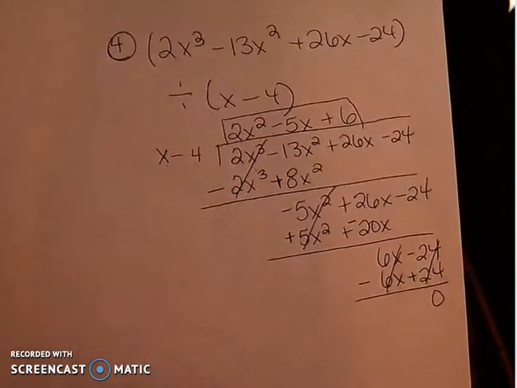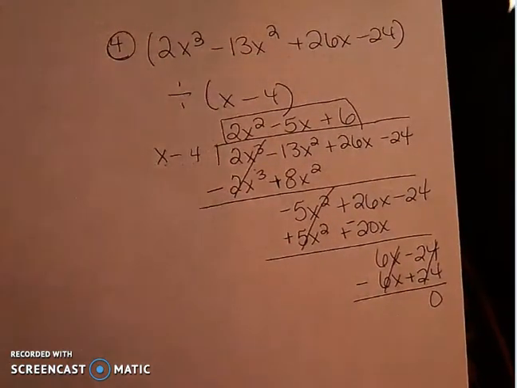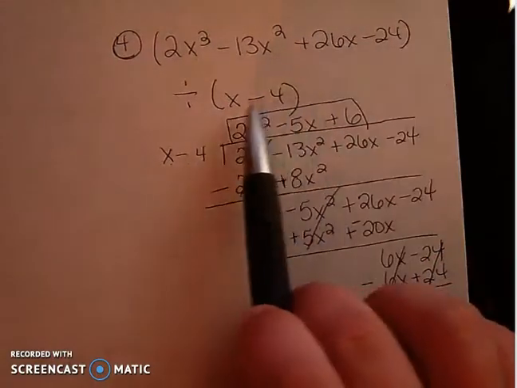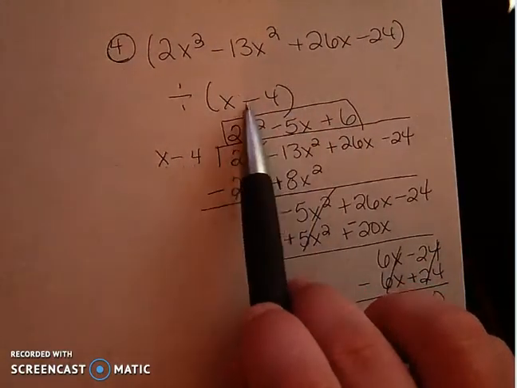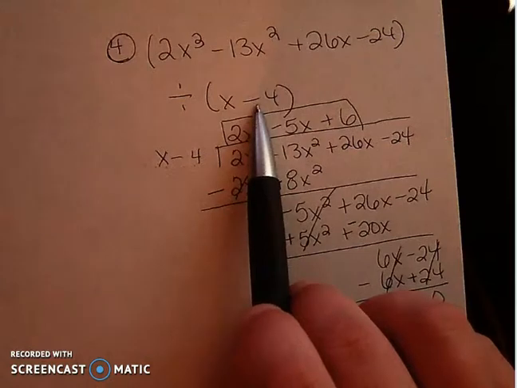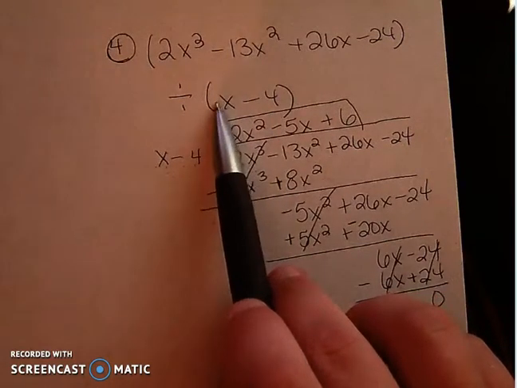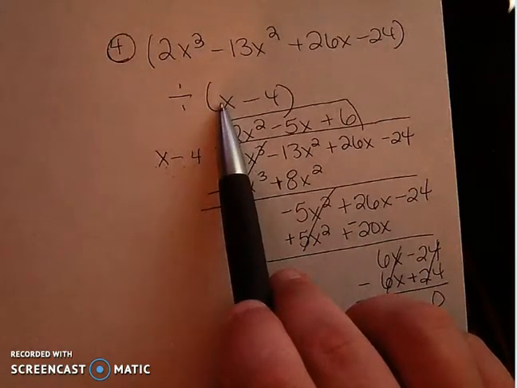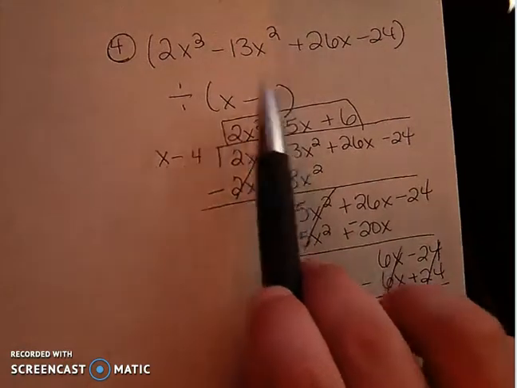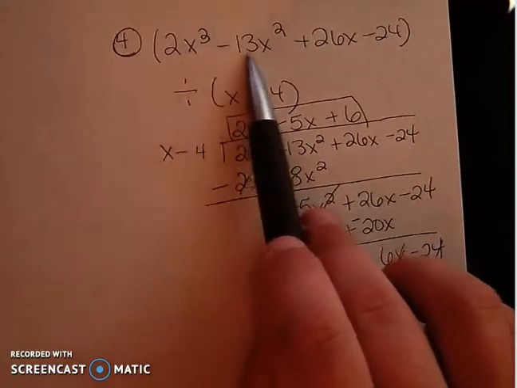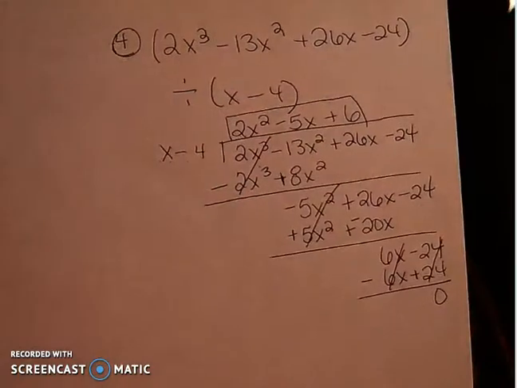If I were to do this with synthetic division, remember the rules for synthetic division are: first, we're dividing by a linear term, so x minus 4 is linear. There's no power bigger than 1. And we need a coefficient of 1 in front of x. If there's a coefficient here, we must divide every term by our divisor, and up here by that number.